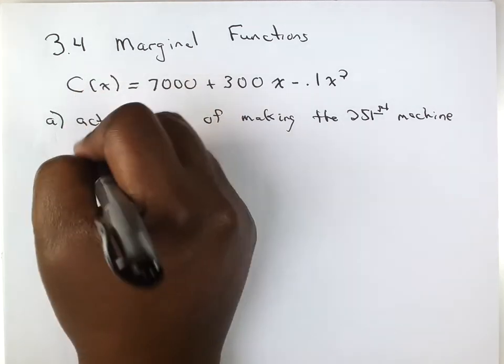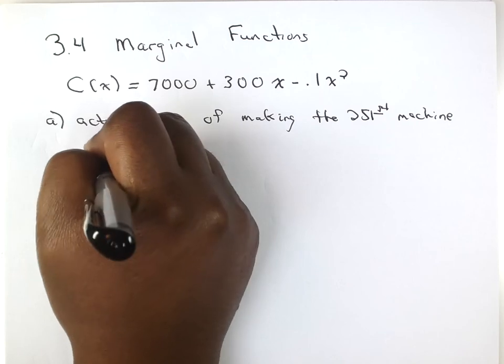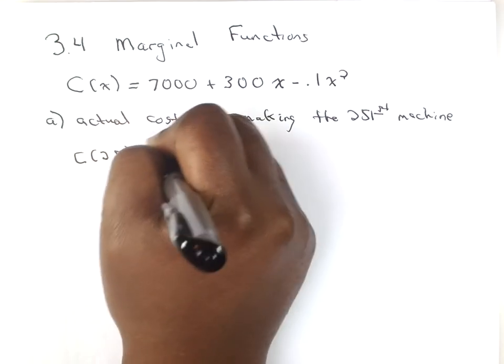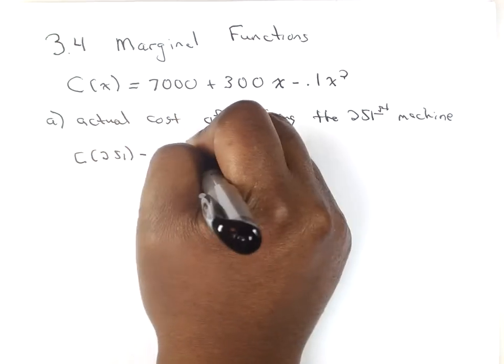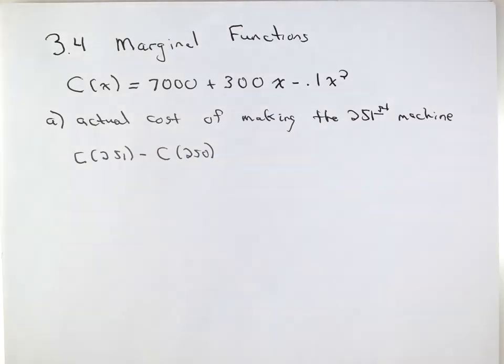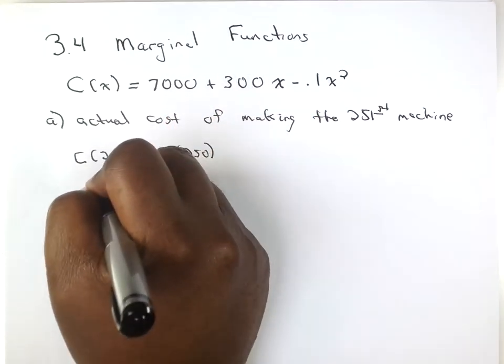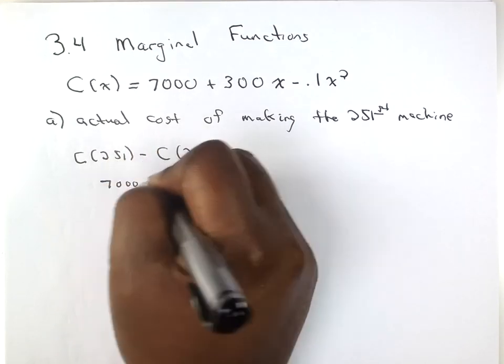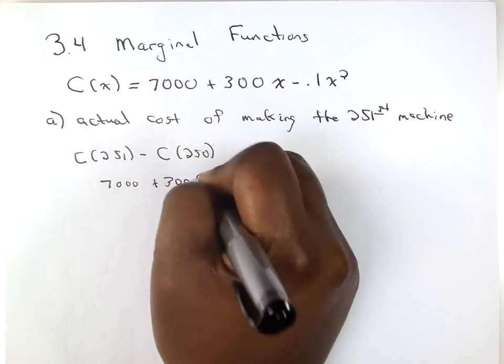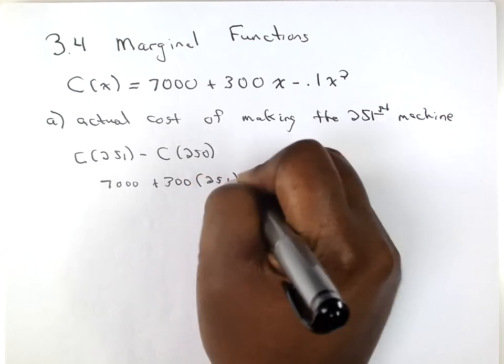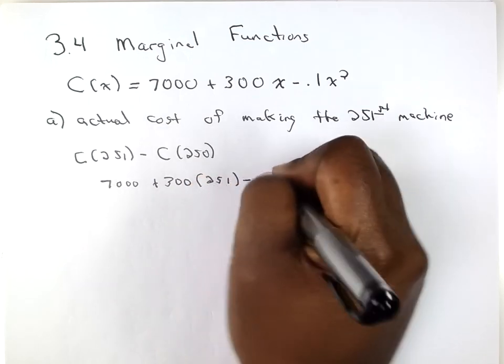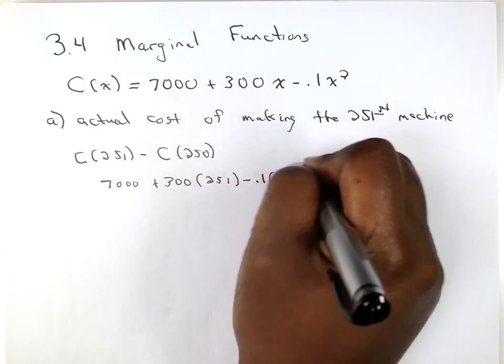So what I need to do is do C of 251 minus the cost for those first 250. I want to subtract that out. So back into our equation, I would just get 7,000 plus 300 times 251 minus 0.1 times 251 squared.